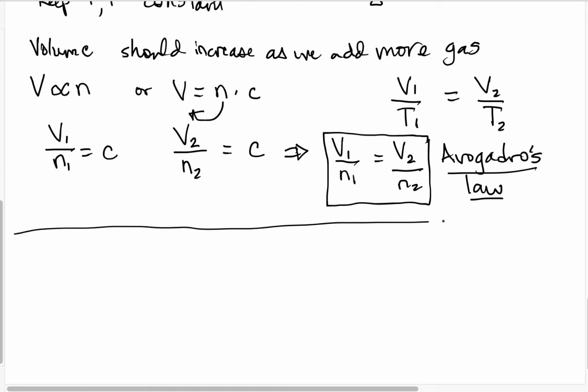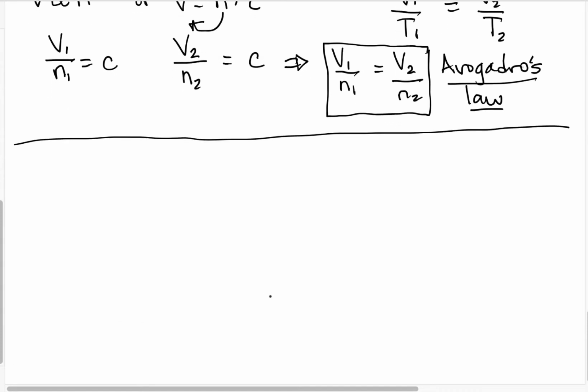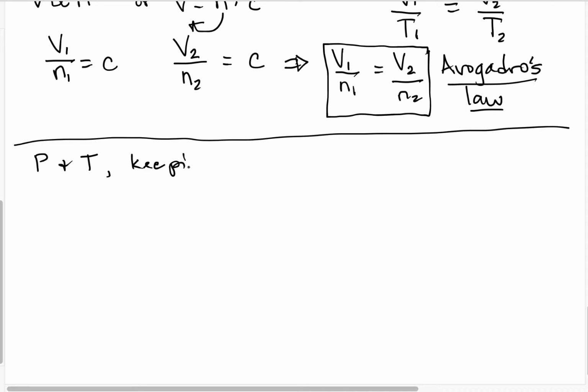So our next gas law, which is the last of our four gas laws, is looking into the relationship of pressure and temperature. And of course, as usual, we are keeping our other two variables constant. So we have one size of a container.